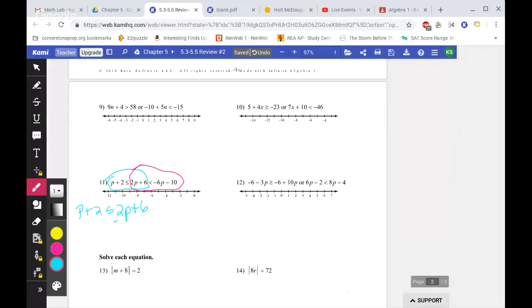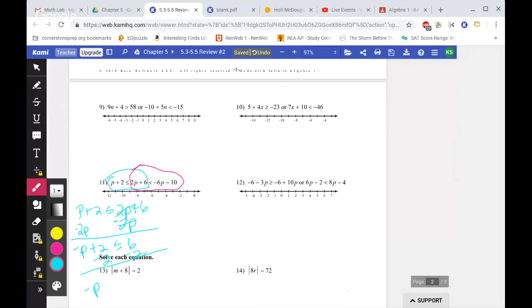And because I like my variable on the left-hand side, because it makes it so much easier for graphing, I'm going to subtract 2p from this side, which then I have to do the same thing because I'm combining my like terms, but they're on opposite sides. So now I have negative p plus 2 is less than or equal to 6. And I'm going to subtract 2 from both sides.